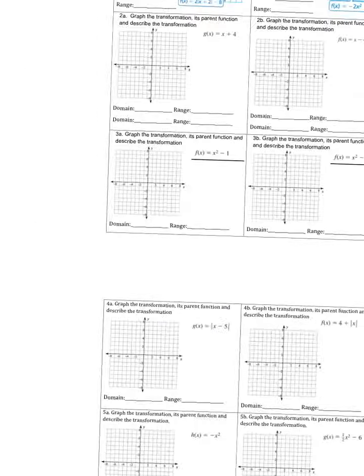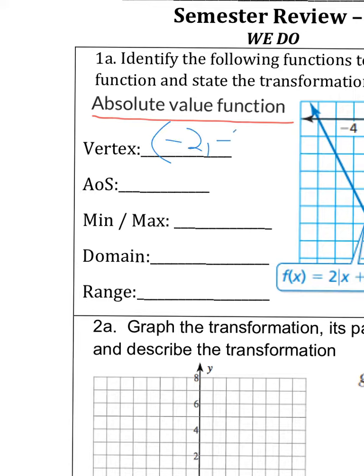Down here is the vertex, and it's going down 4, 5, 6, 7, 8. So it's going 8 down, and then you can clearly see it goes -2 across. So you're going to say -2, -8. Axis of symmetry goes through the x coordinate. Min-max goes through the y coordinate.